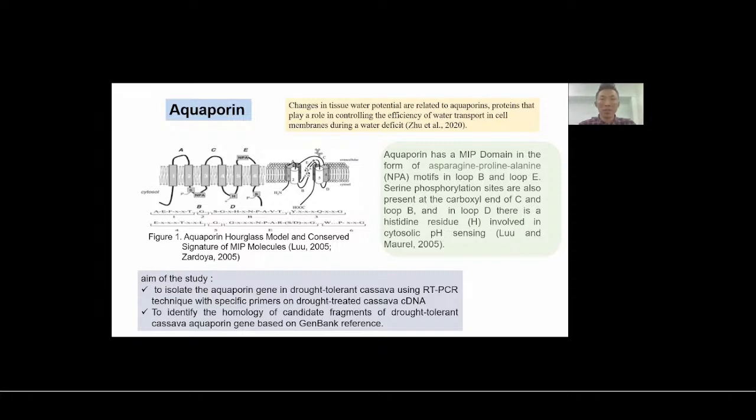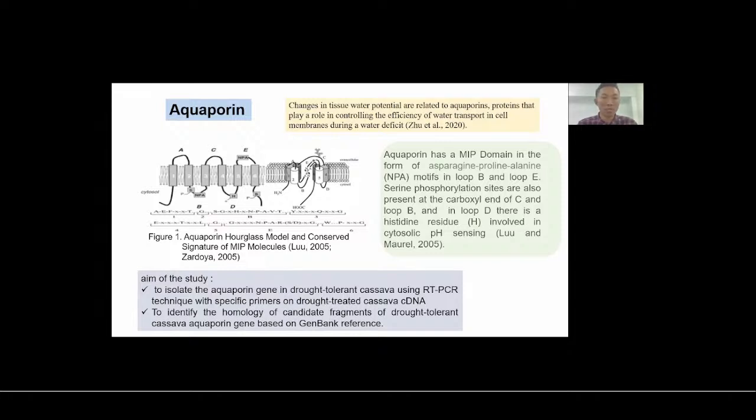The motif is also present at the carboxyl end, with phosphorylation, and in the loop there is a histidine residue which is involved in the activation.